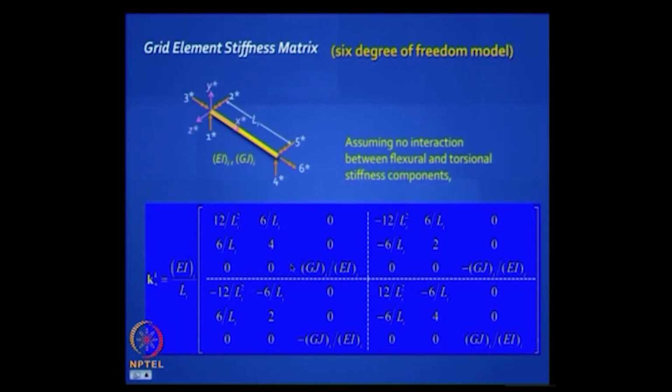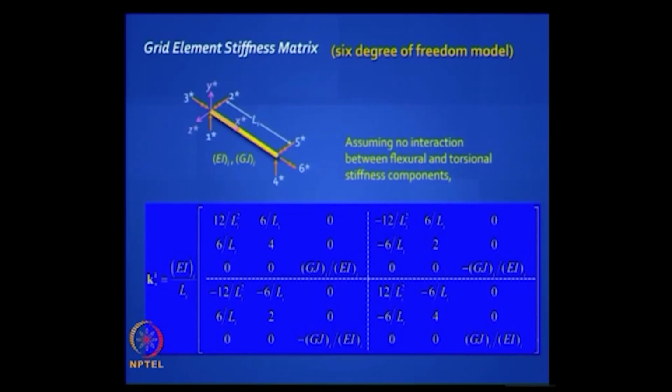Remember, for a beam element we had 12 EI by L cubed, 6 EI by L squared, and so on and so forth. So we have added just 2 additional rows and columns at the right places, because 3 star and 6 star come at the end of each of these coordinate numbers. Is this clear?